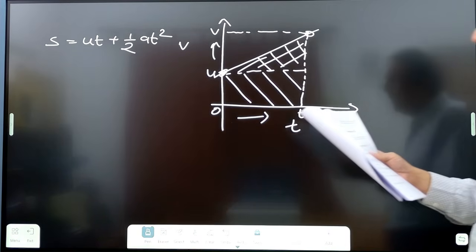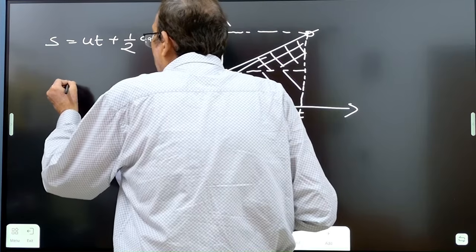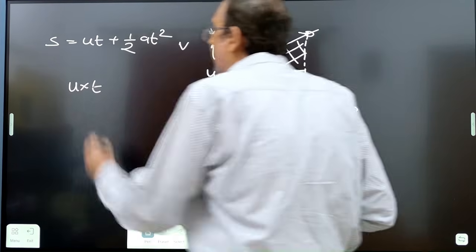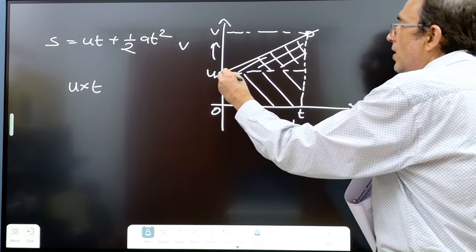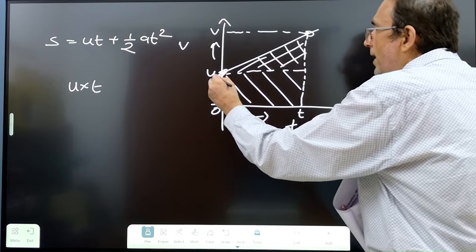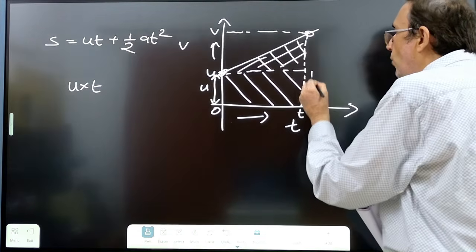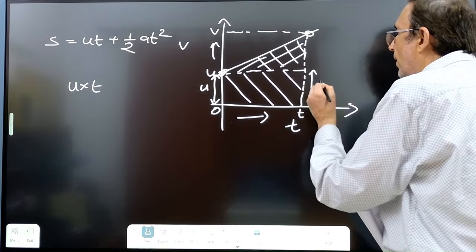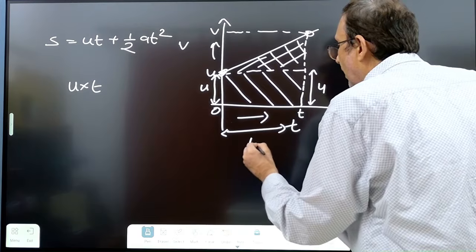So what is the area of the rectangle? The area of the rectangle is just u into t. This is the area of the rectangle, that is length into breadth. So the length is t and the breadth is u. From 0 to u, the breadth is u. So this is u and this is the length, which is t.